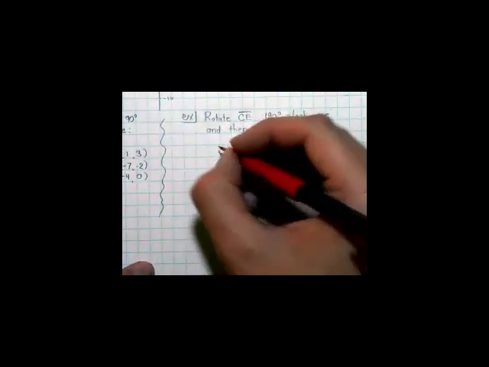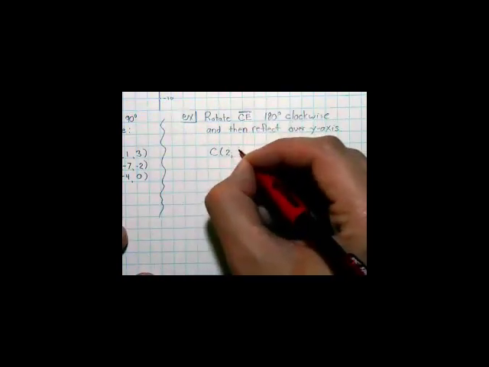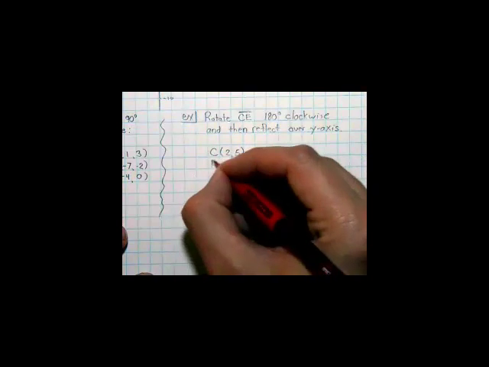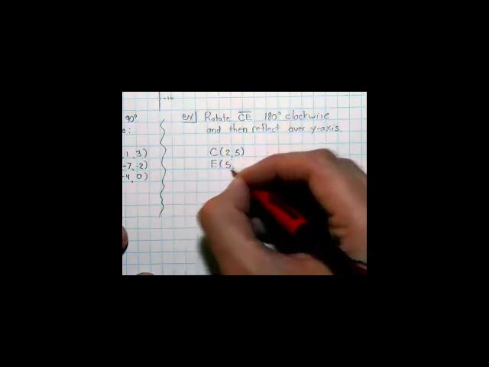Okay, and here are your coordinates. So C is going to be the point 2,5, and E is going to be the point, let's go 5,8.